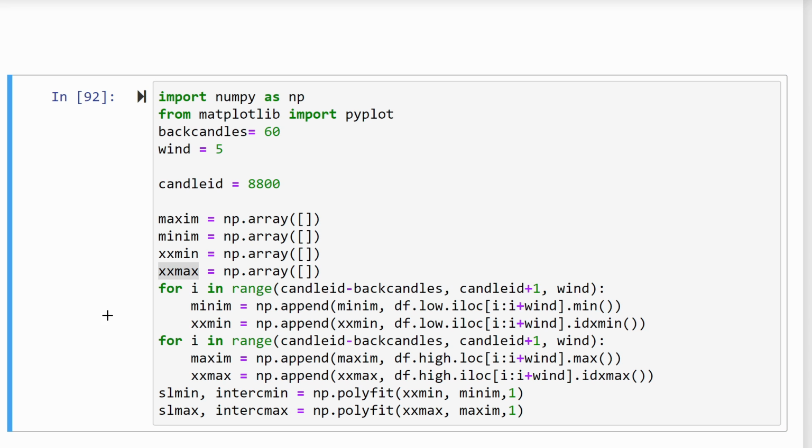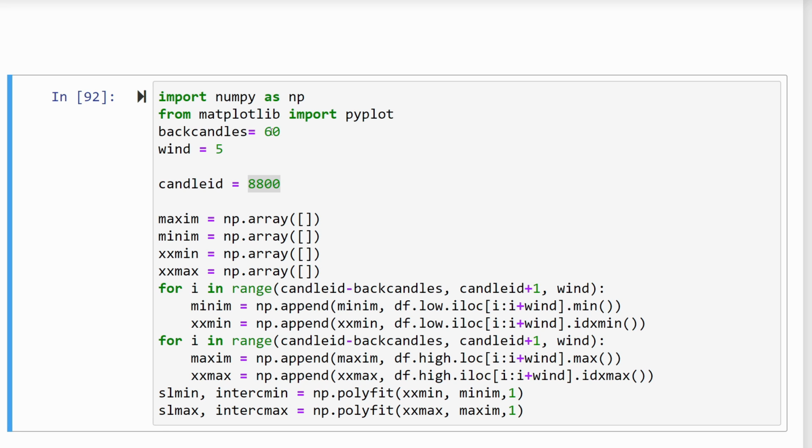So the way we are looking for the maximums and the minimums is by slicing the back candles' big window of candles into small windows. In other words, I'm considering 60 candles just before my candle of interest, and I'm dividing this interval into parts of equal width, which is 5 candles each.